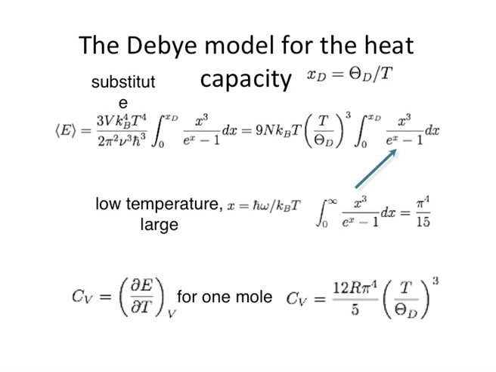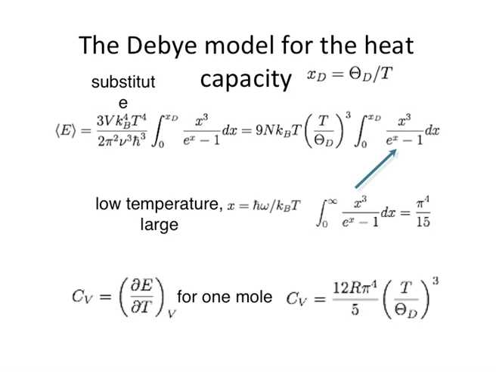This integral is from 0 to xd, where the variation is from very low frequency to very high frequency. X cube by e to the power of x minus 1 into dx. This is solved to give a constant value of pi to the power of 4 by 15.